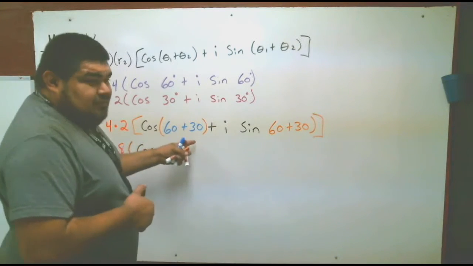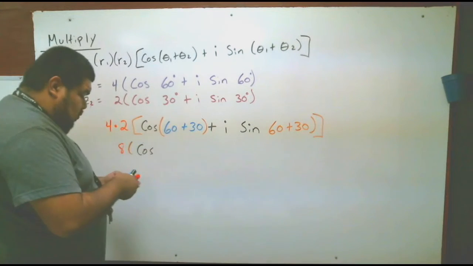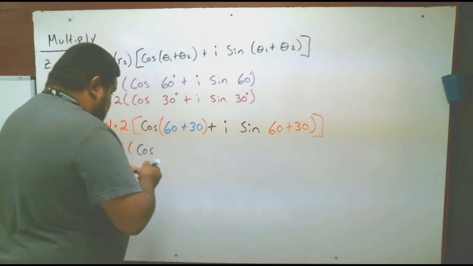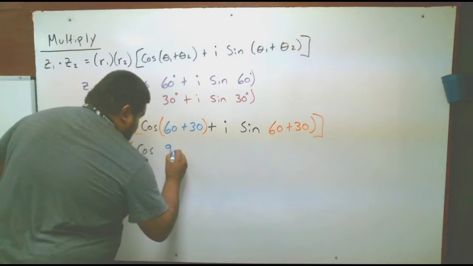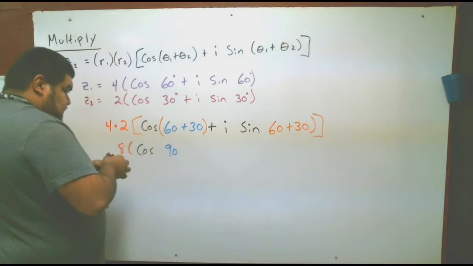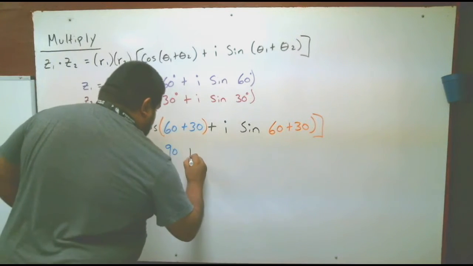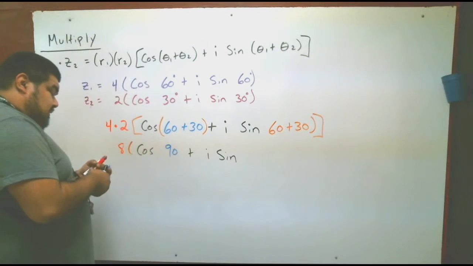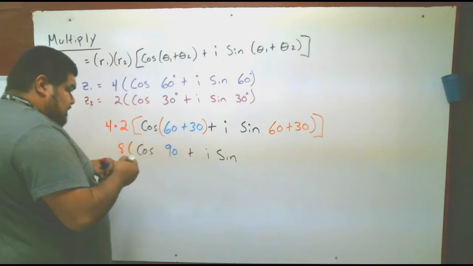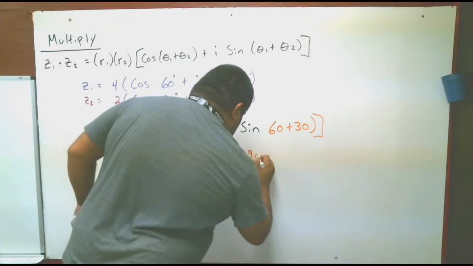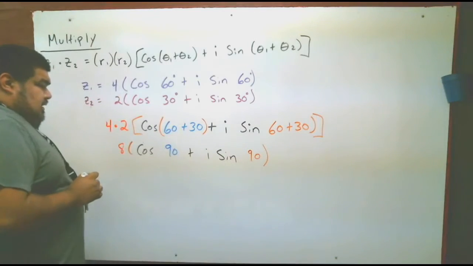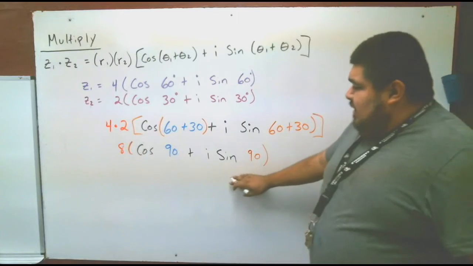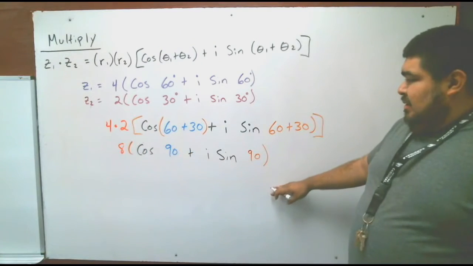Remember, 60 plus 30 is what? 90, right? So we have cosine 90 plus i sine of, again, 60 plus 30, which is 90. Now it looks like just one problem, like a polar form.